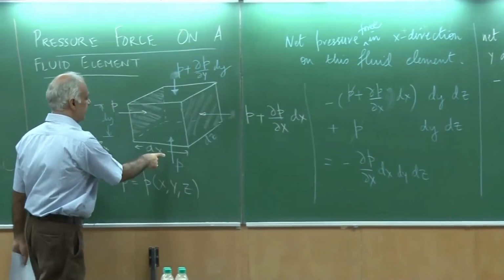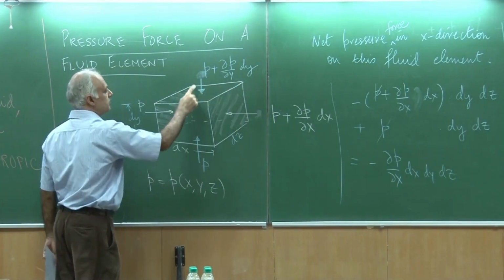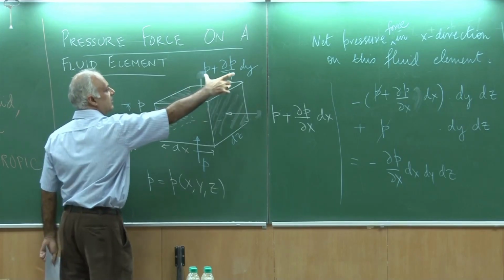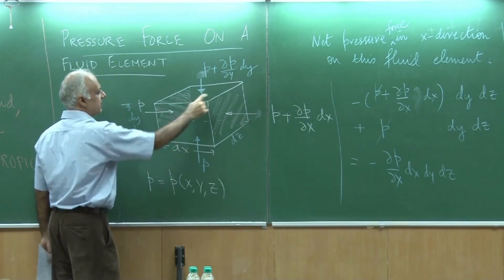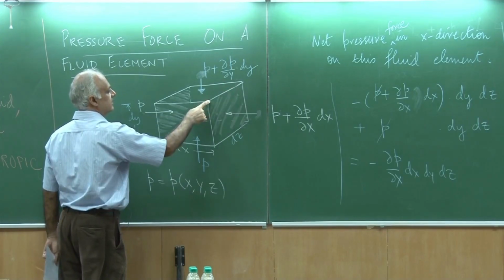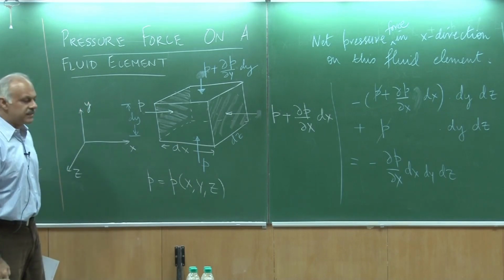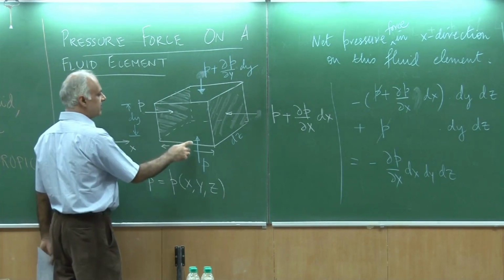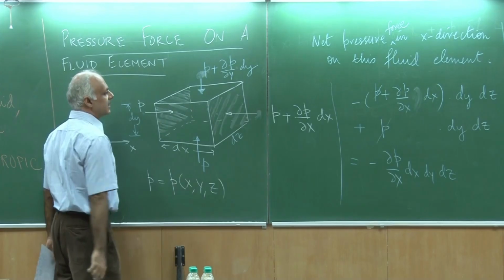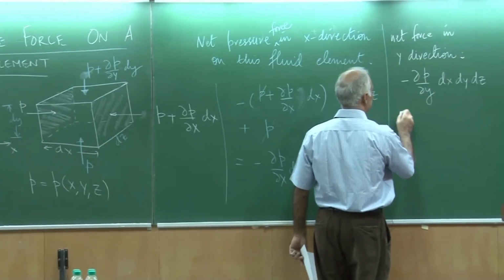In fact, we could already see that from here. If I compute the force because of this pressure over here, it is this pressure times the area, and the area is dx times dz, right. And then I have another force because of this blue colored pressure on the lower surface. So, part of it is going to cancel out, and the remaining one I have written over here.